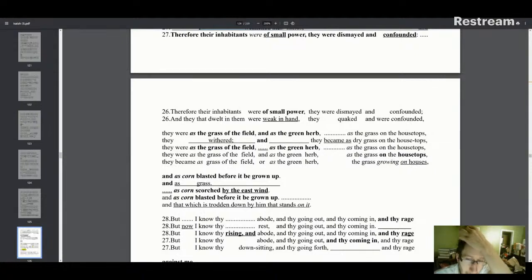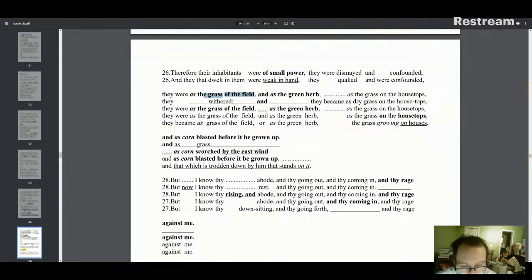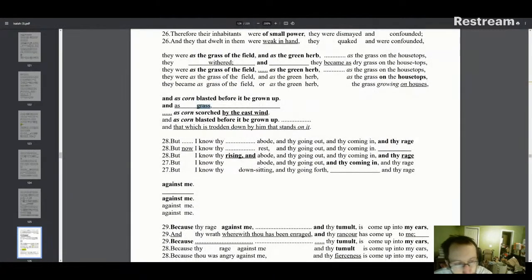And then "they were as the grass of the field and as the green herb, as the grass on the housetops, and blasted before it be grown up." Septuagint of Isaiah condenses the idea significantly. "They withered, they became as dry grass on the housetops and as grass." So significantly shortened there. All the other versions agree with the longer text.